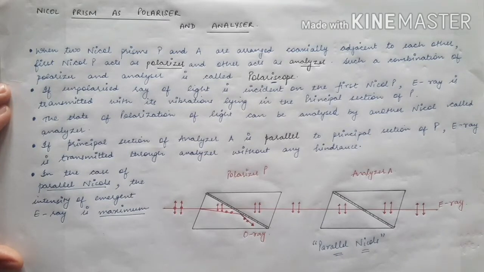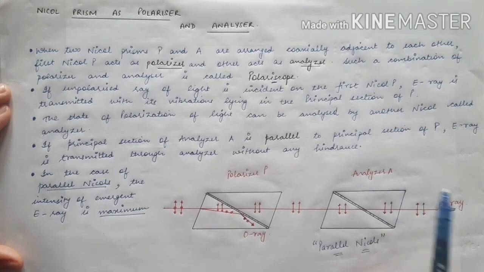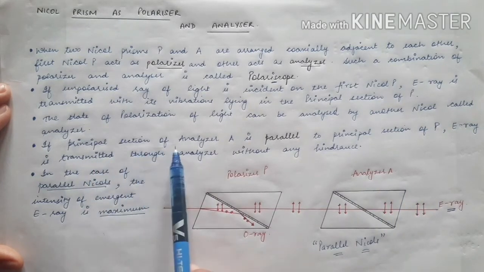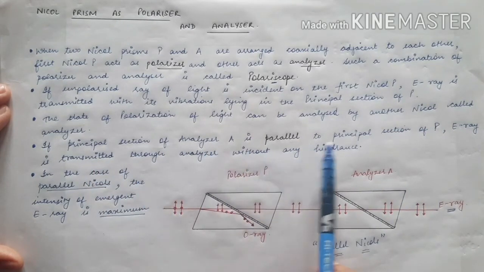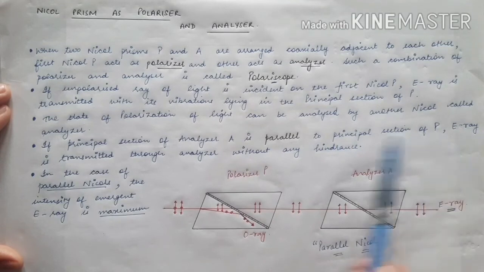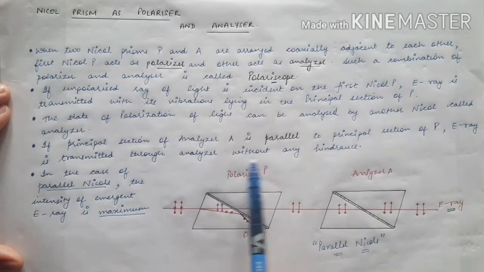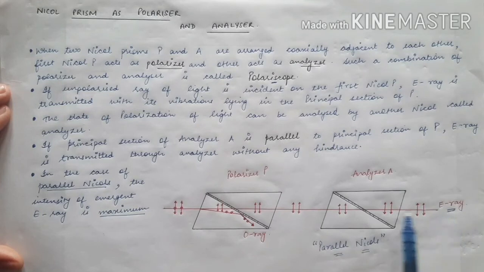So we will get the E ray outside the second Nicol prism, or the analyzer. If the principal section of analyzer A is parallel to the principal section of P, the E ray is transmitted through the analyzer without any hindrance.